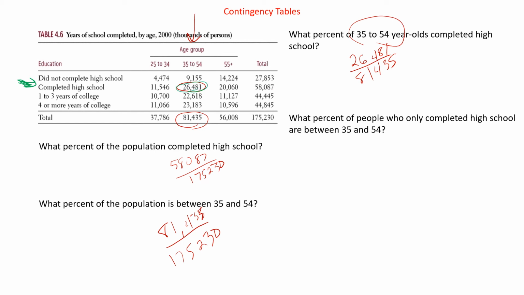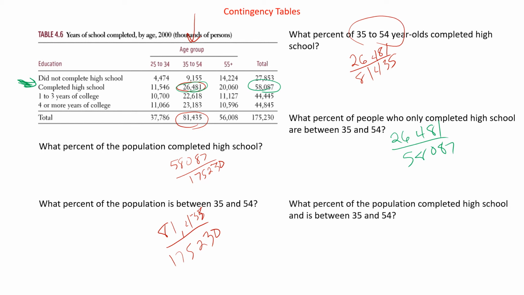And so that's still the amount that did it divided by that many total. 26481 over 58087. So these last two questions that we did look very, very similar. Getting them mixed up is one of the mistakes that people make more often than other things.